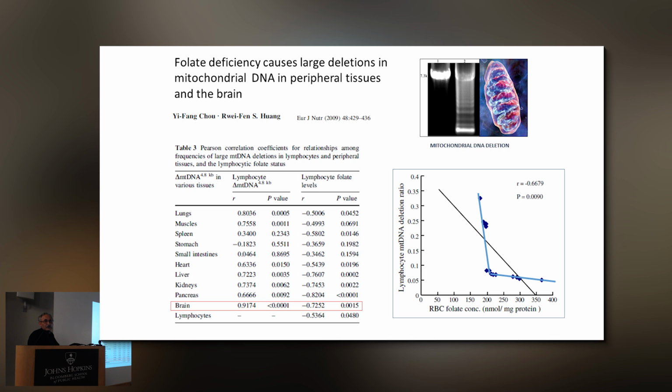And you can see here a steep decline in mitochondrial DNA deletions and then a plateau if you want to observe or interpret the data in that manner. The very interesting point was that the increase in mitochondrial DNA deletions in the lymphocytes correlated very well with that in the brain, correlation factor of 0.9.